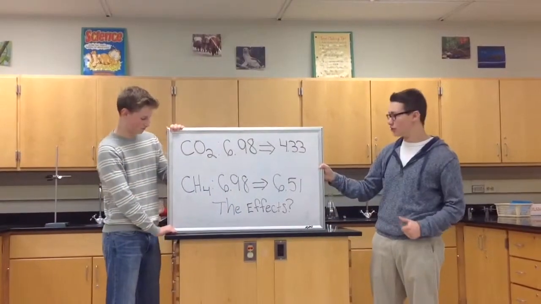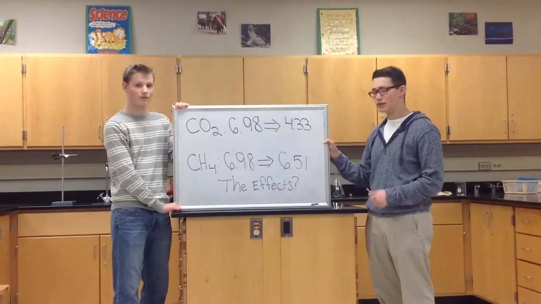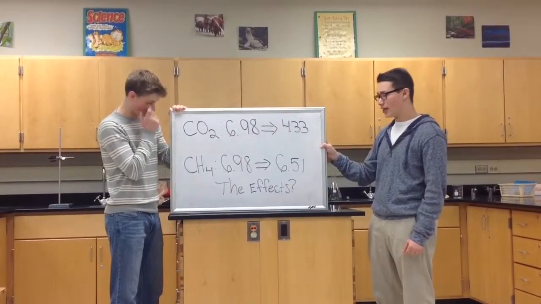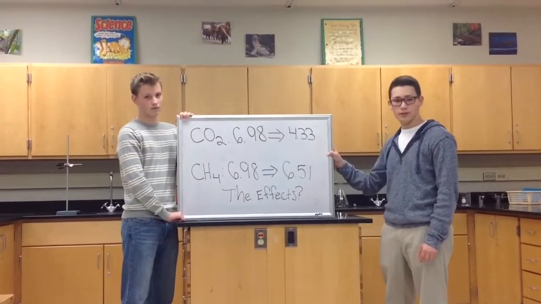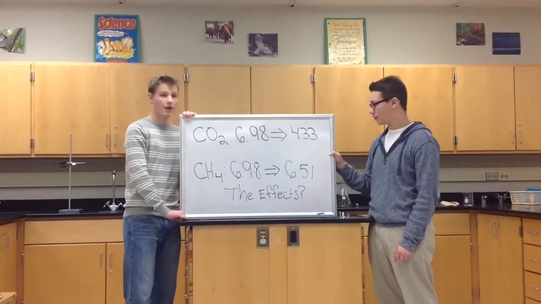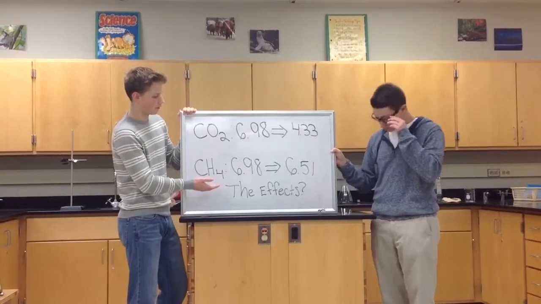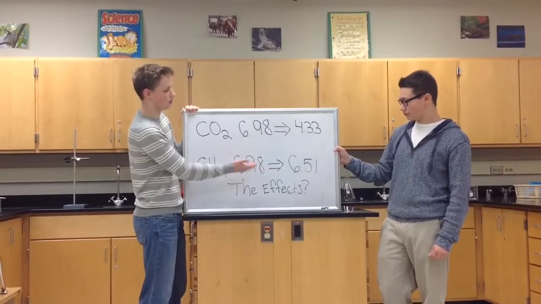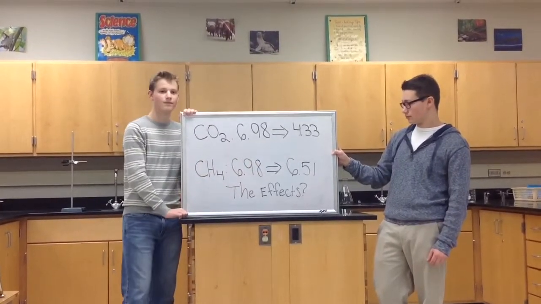Okay, for the results of this experiment with carbon dioxide, the initial pH of the distilled water was approximately 6.98, and after combining the water with the carbon dioxide, the pH was reduced to approximately 4.33, becoming more acidic. During the second half of the experiment, we used methane to test if it would affect the acidity of water, and it went from 6.98 to only 6.51, having virtually no change in the pH at all.